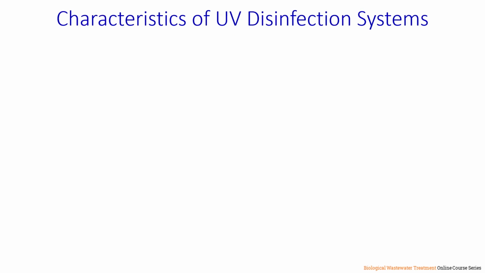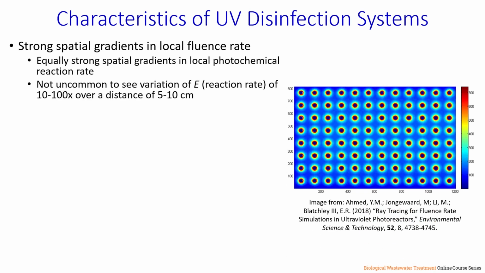Now let's consider UV disinfection systems. These systems are characterized by strong spatial gradients in local fluence rate. What that implies is that there are going to be equally strong spatial gradients in local photochemical reaction rates, and that's because photochemical reactions depend on the fluence rate.